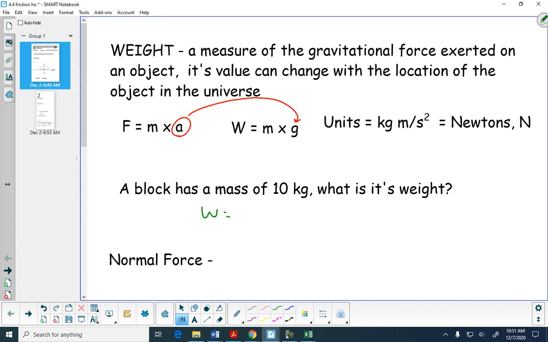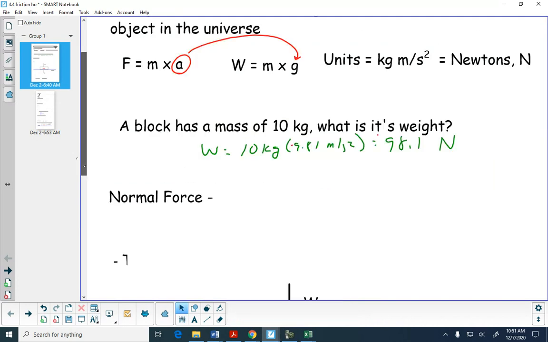Kilograms. 98.1 what? Kilograms? Nah, that's its mass. Newtons. You have 98.1 newtons, and if you want to deal with this in a negative sense, to say it's going downwards, that would be fine also. Just the idea of 98.1 newtons as an object's weight is fine.